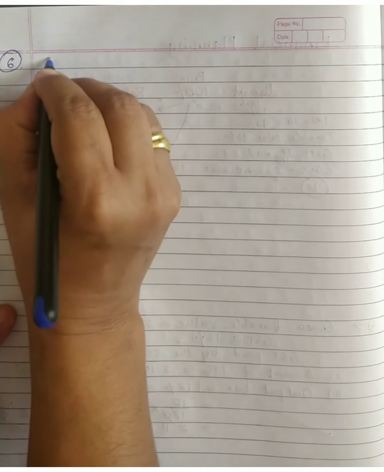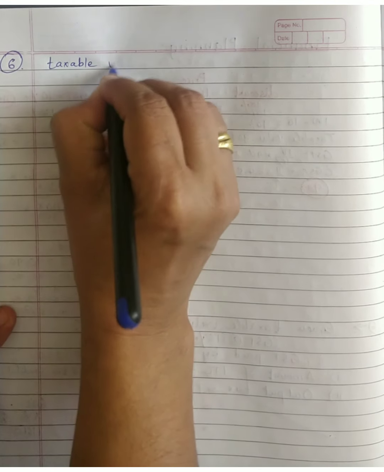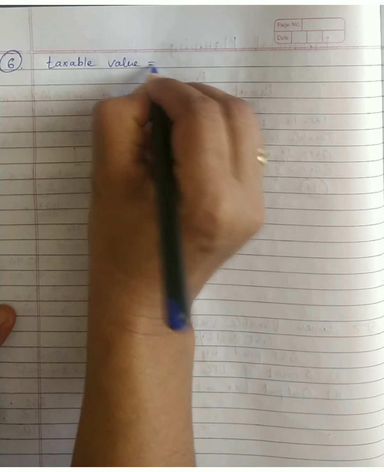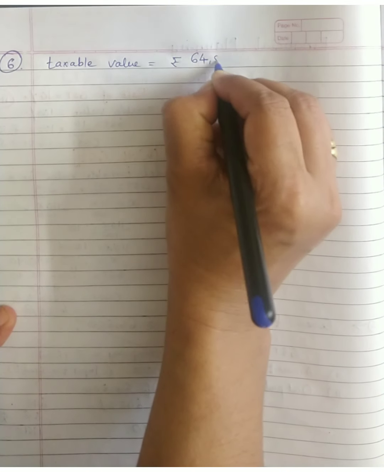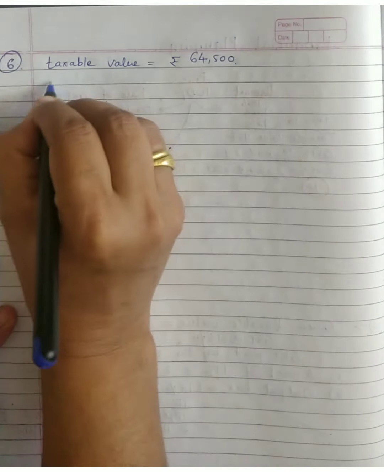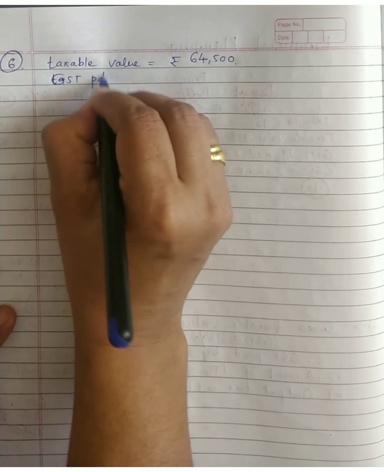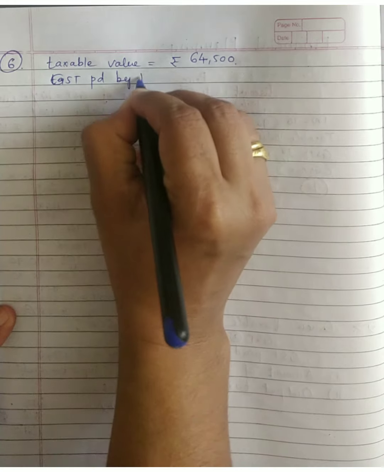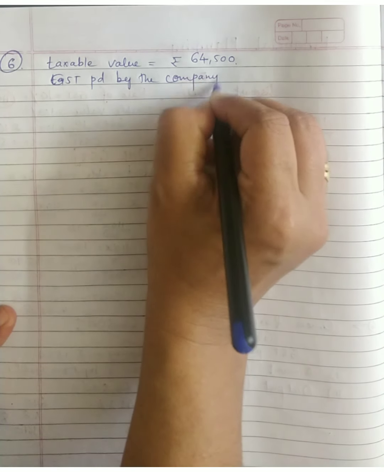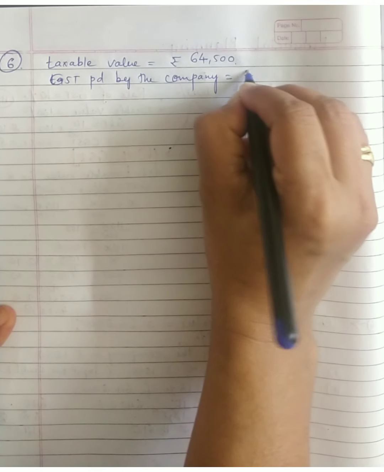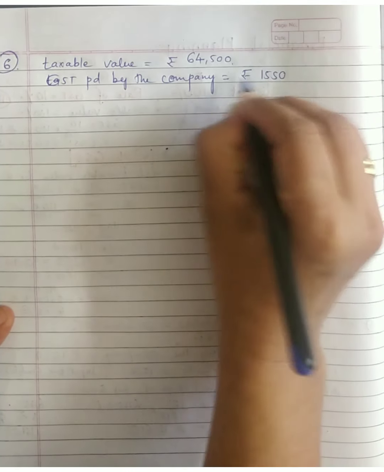Taxable value rupees 64,500. GST paid by the company, this is rupees 1,550.